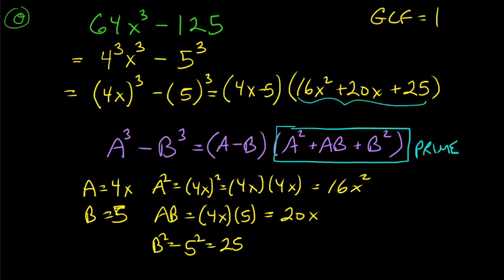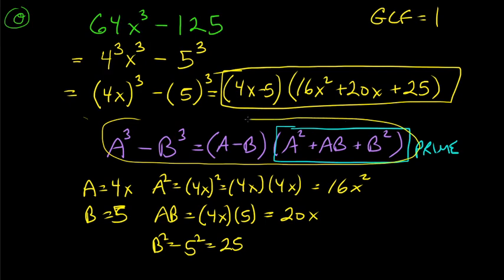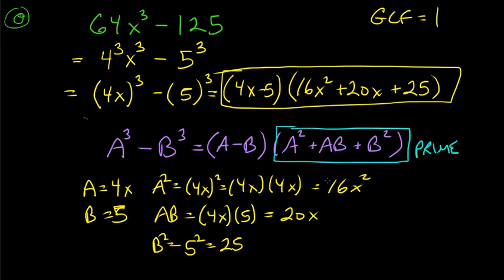You can try, but you're wasting time. It's not going to be factorable. It's going to be prime. And that just means you're done. You don't have to go any further here. But the point is, you do have to know how to factor the difference or the sum of perfect cubes. And that's how to do it.